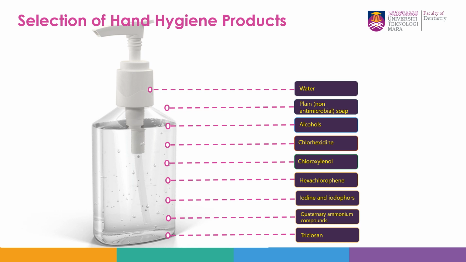Chlorhexidine has better tolerability, but the usage of chlorhexidine on your hands all the time could stain or cause some discoloration too. All right, so these are the agents in the hand hygiene products.